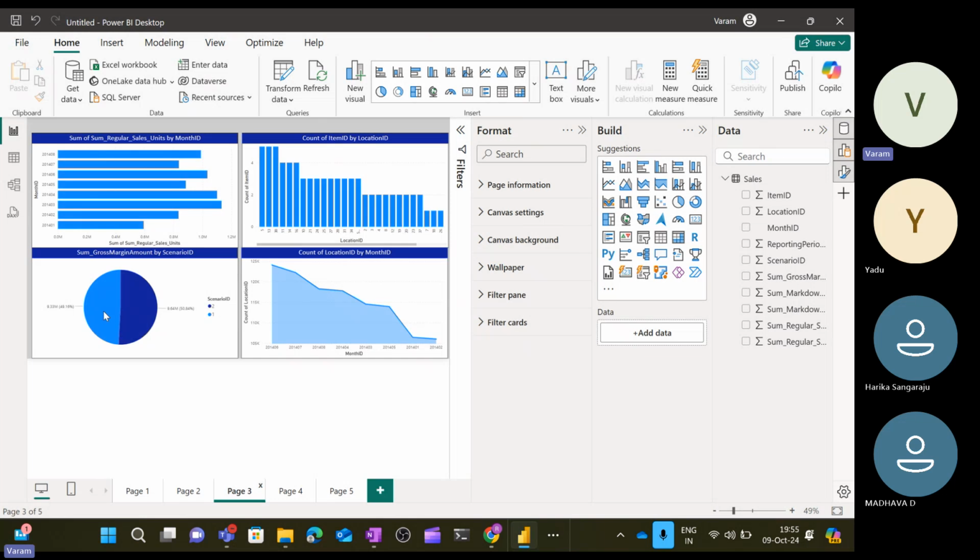If you see this one, here is the thing: gross amount by scenario ID is 49.16 and the other is 50.84. You can see in the brackets the proportion among the two values, the three values, the four values.